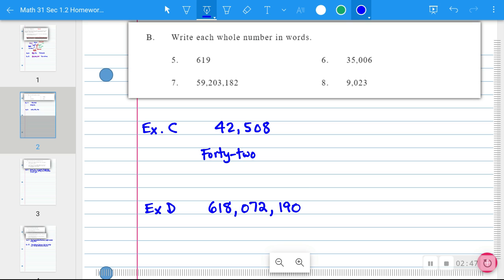Any two-word number between 21 and 99 needs a hyphen. 42, and then that comma separates the thousands from the ones, so we have to put the place value period here: 42,000, then a comma. And now we're ready for the ones part, and there's 508 of those.